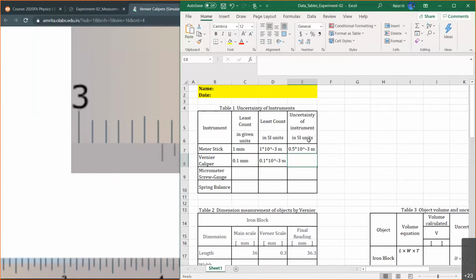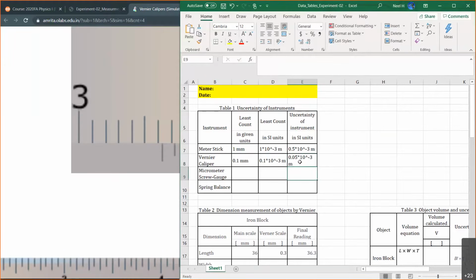And the uncertainty of this instrument, this is still an analog instrument, right? It doesn't have a scale to show you the numbers. So it's an analog instrument, which means half the least count is the error or the uncertainty, which is going to be about 0.05 times 10 to the power -3 in meters.